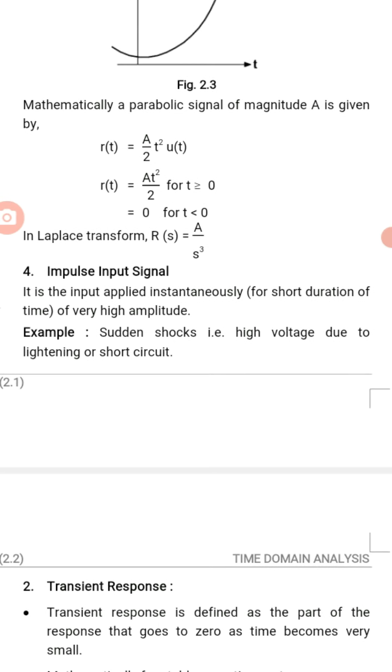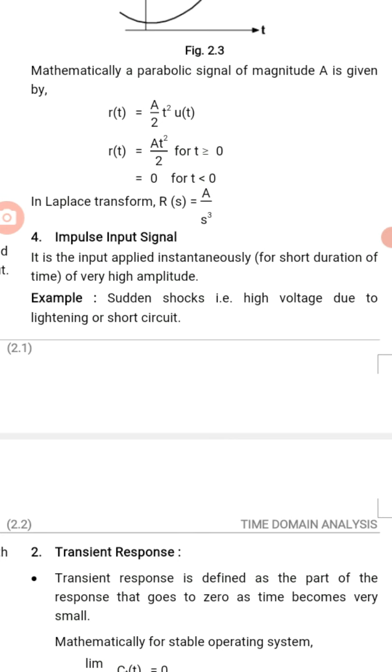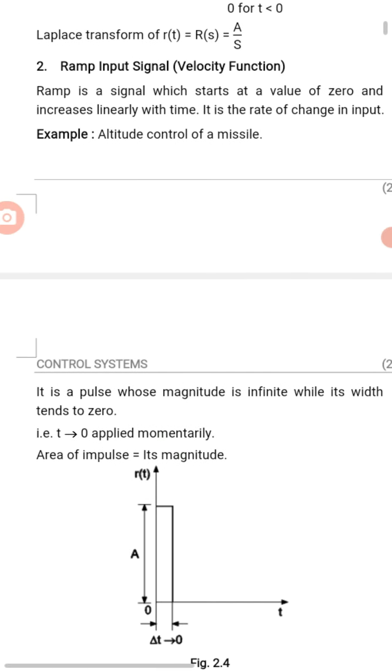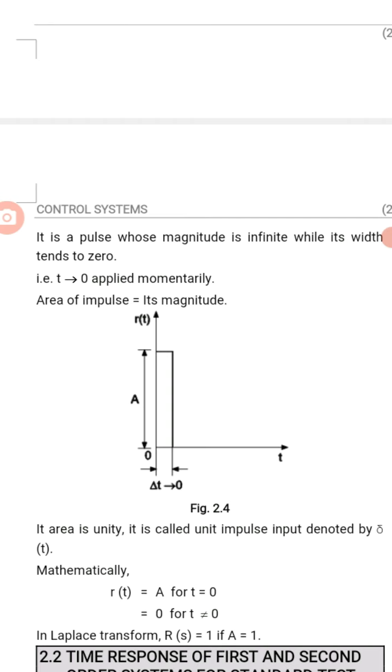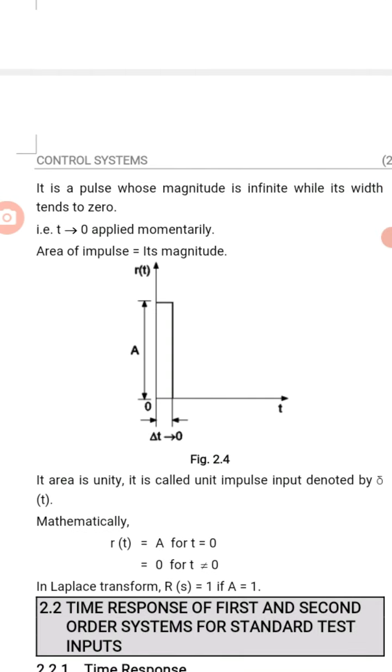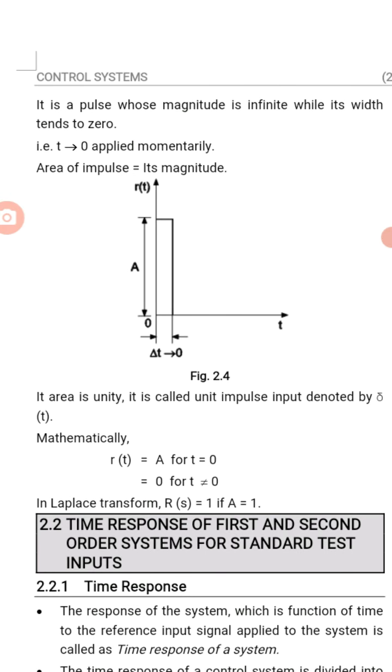Then the fourth standard input signal is the impulse input signal. It is the input applied instantaneously for a short duration of time, and its amplitude is very high. We know that for t tending to 0, the area covered under the impulse is unity, or it is A. So mathematically we will write it in this format: r of t is equal to A for t tending towards 0, and its value is 0 for t not equal to 0.